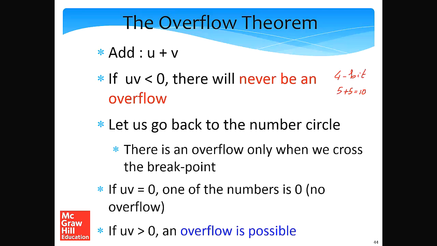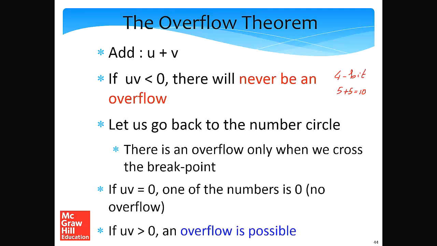So in this case, we say that we have an overflow, which means that the number cannot be represented in the particular number system. Similarly, if I add minus 5 and minus 5, it will be minus 10. But the range of the 4-bit number system only goes to minus 8, so we can't do the addition.